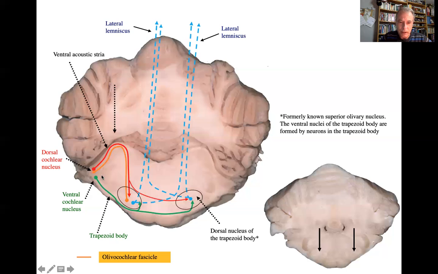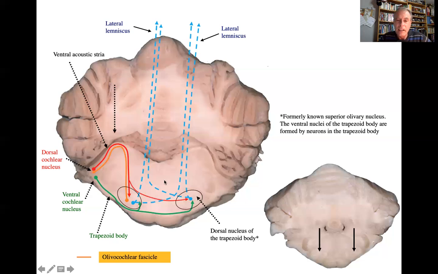And this is important because the vestibulocochlear nerve, we always think that it's a sensory nerve, but it's not true because it has motor fibers forming the olivocochlear fascicle. And remember, this olivo because the dorsal nucleus of the trapezoid body was formerly known as rostral olivary nucleus.